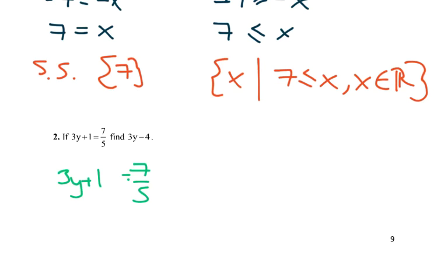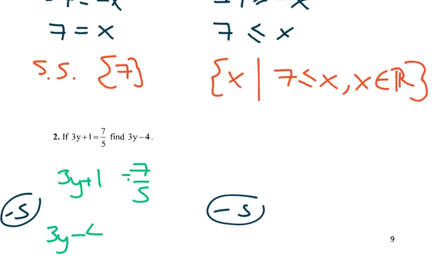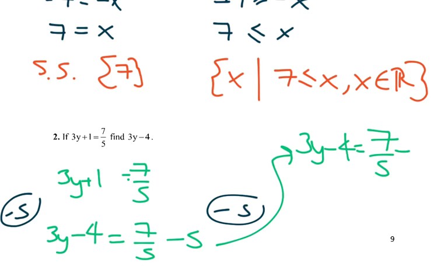So when I subtract 5 from both sides, I end up with 3y minus 4 equals 7 over 5 minus 5. If we convert that 5 into an improper fraction, that becomes 25 over 5, and we end up with negative 18 over 5.